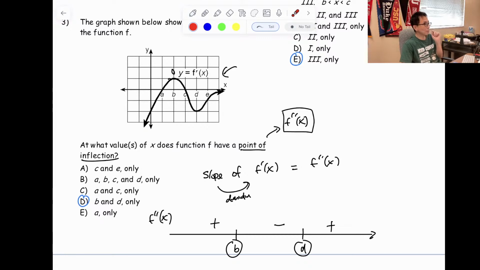Where does the relative maximum occur in f of x? C. It goes from positive to negative. But the inflection point happened where? B and d, because it's changing from increasing to decreasing. So Neil, you've got to lock in.